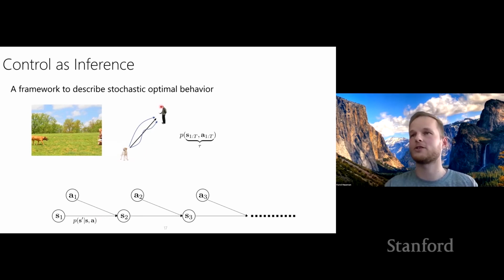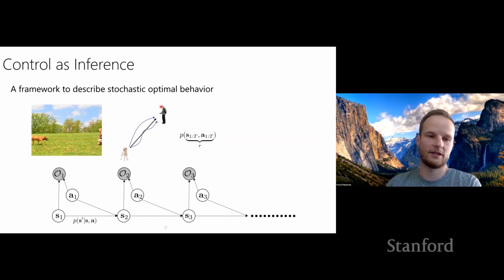The dog is very intentional. It has a task in mind, and it's trying to reach the owner. So we'll introduce an additional random variable that tries to describe this. It would look a little funny. This is a binary random variable depicted by this script O, which stands for optimality, and it represents the intentionality of the dog.